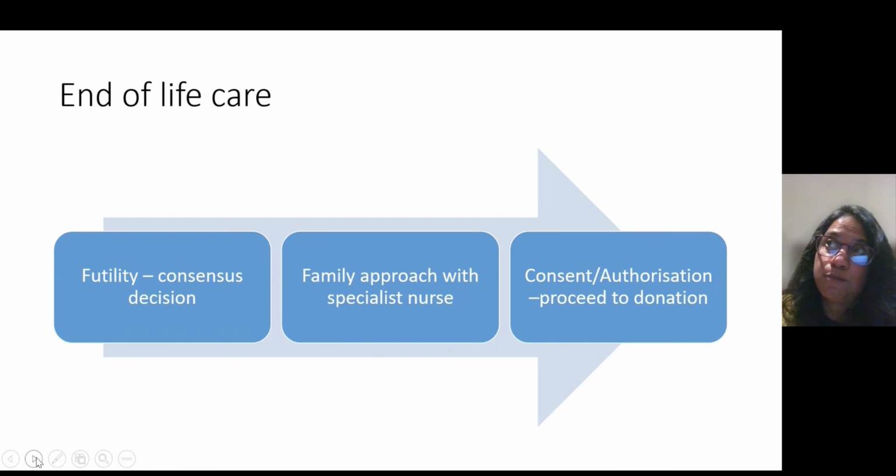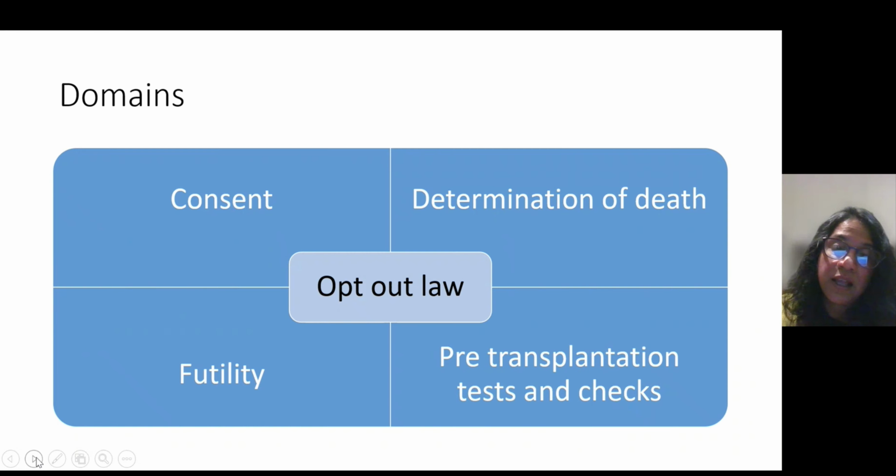The UK has a soft opt-out system, which means that we don't proceed with donation if the families say no. Although the ODR opt-outs are because there are myths that the state now has control over people's bodies, the opt-out law actually protects the patient.